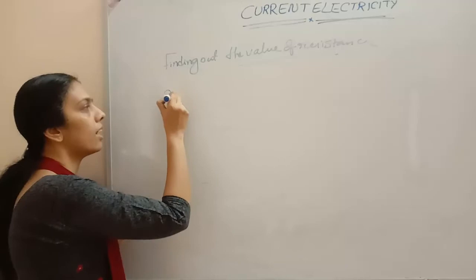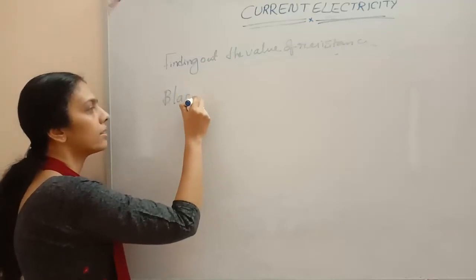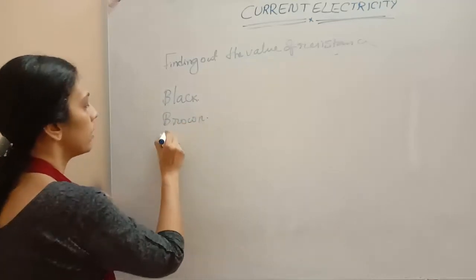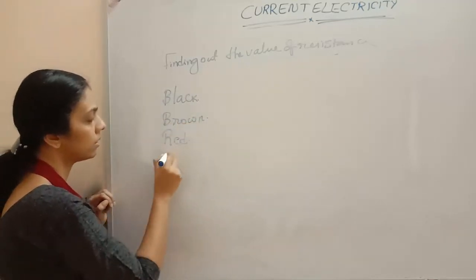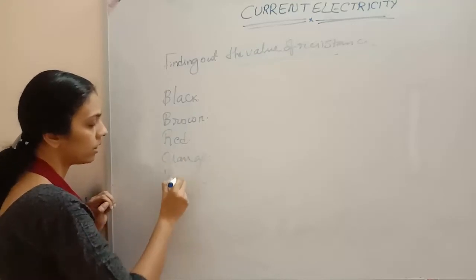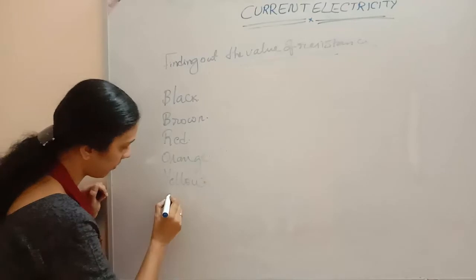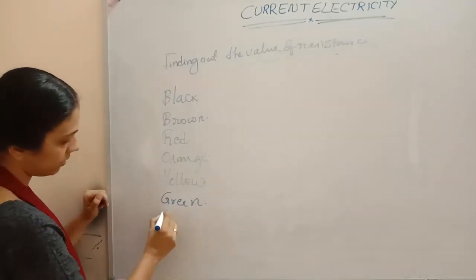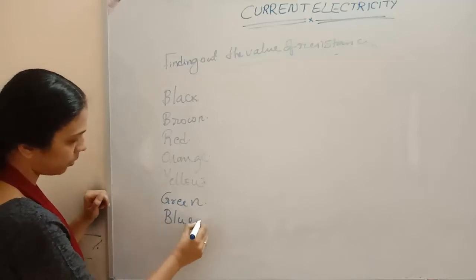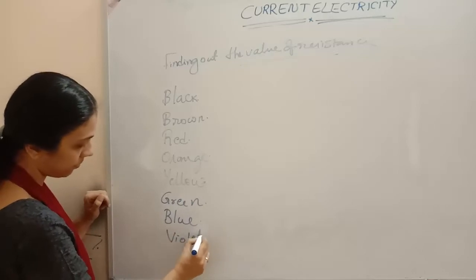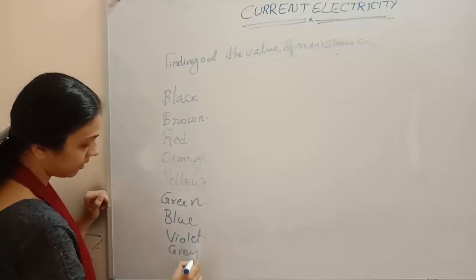The colors are like this: black, brown, red, orange, yellow, green, blue, violet, grey and white.